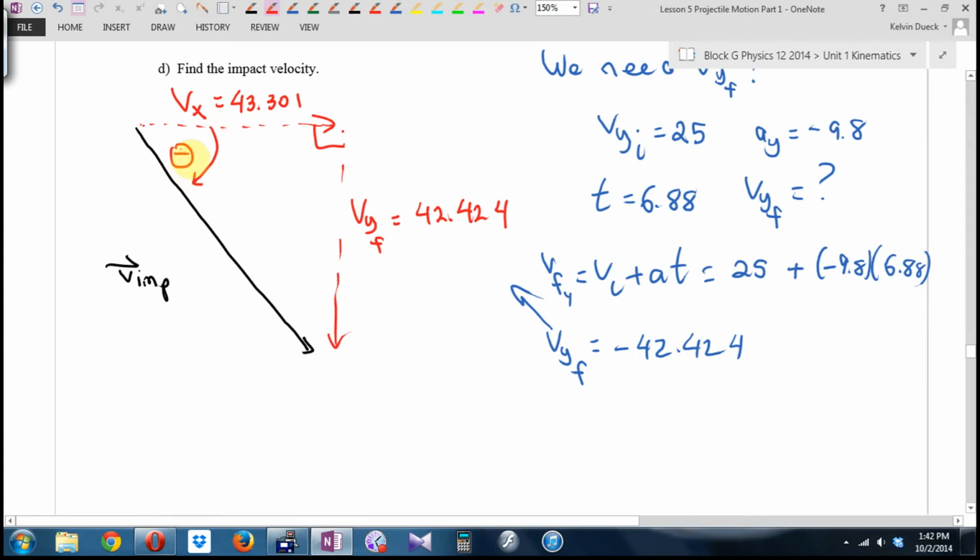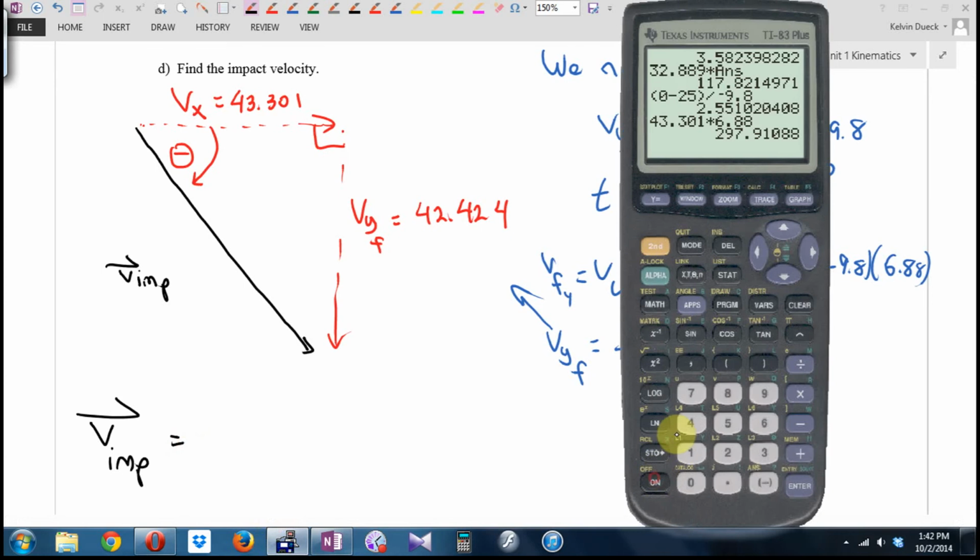So let's do the Pythagoras: the square root of 43.301 squared plus 42.424 squared. Do you get 60.6?